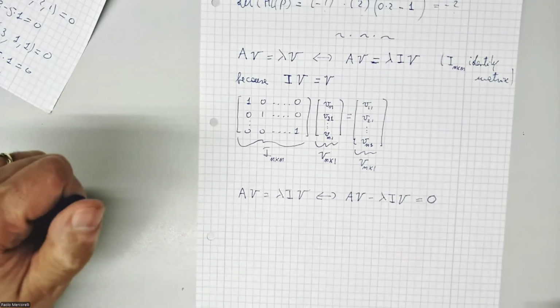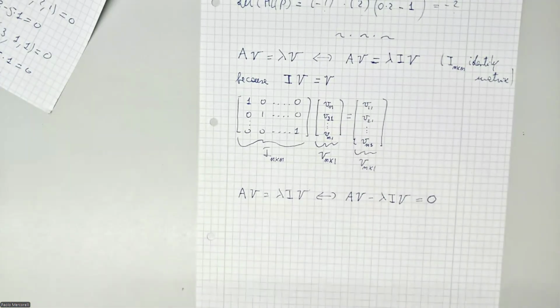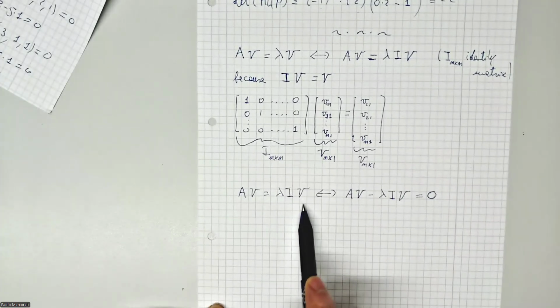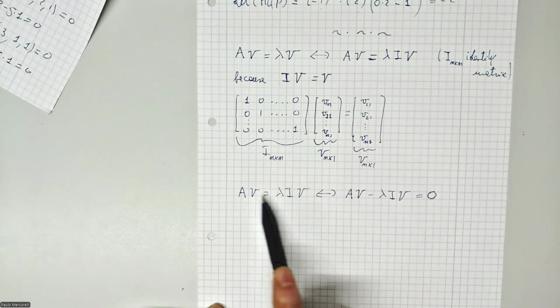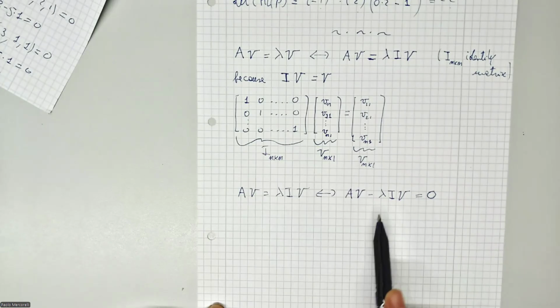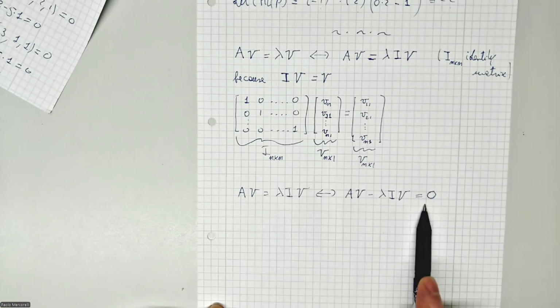I think you like it. I can subtract this element on the right. I can subtract the same element on the left. I have this. Clear. From here to here, I think I don't need to explain.